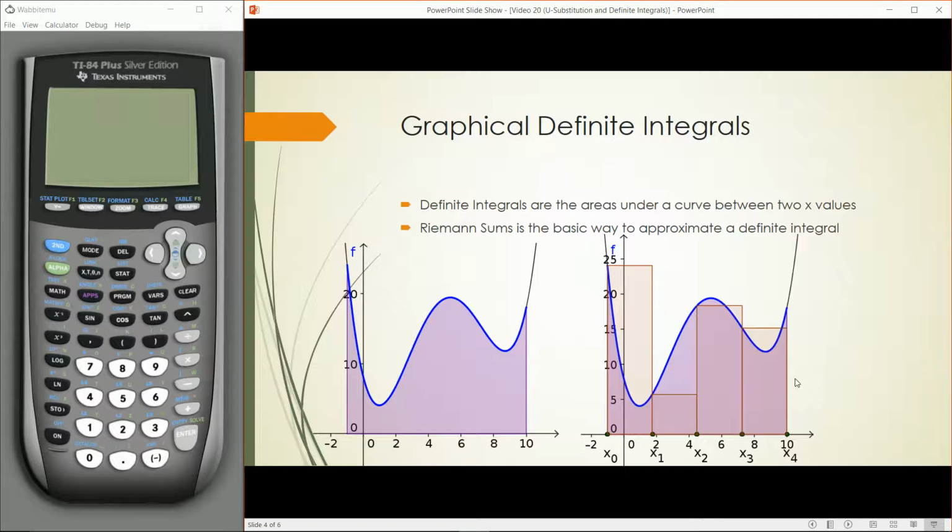And now the approximated definite integral of this is just the sum of the areas of all these boxes. But you'll notice that this box is going to be underestimating it. This one's way overestimating the area. This one might be about right, and this one's probably overestimating a little bit. So you can see that this isn't that great of a technique.